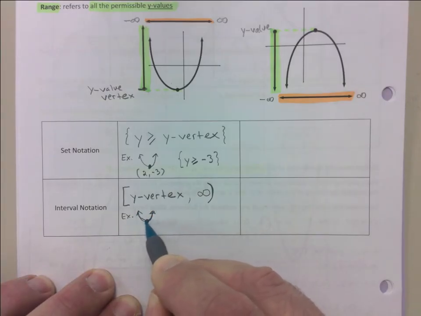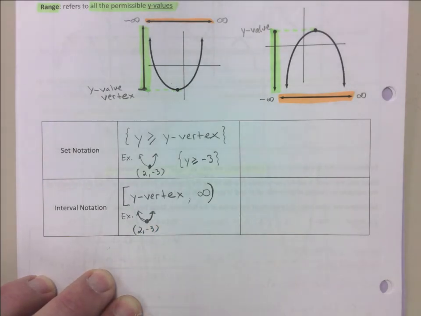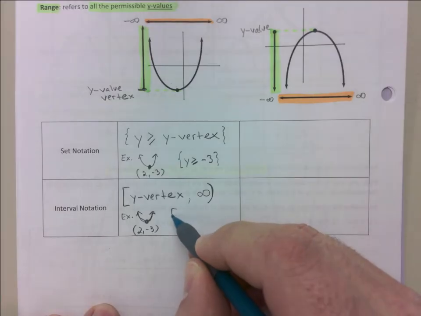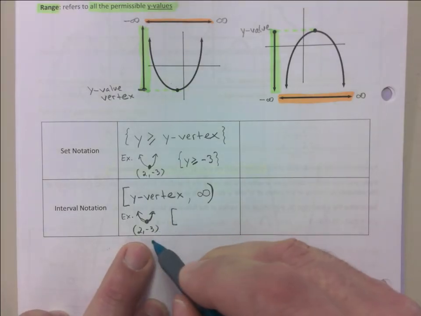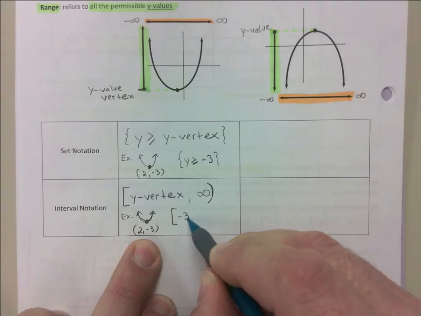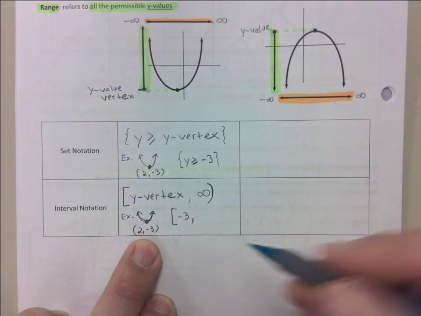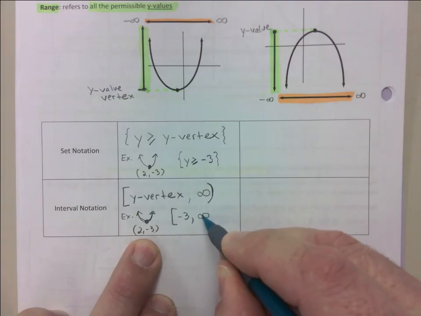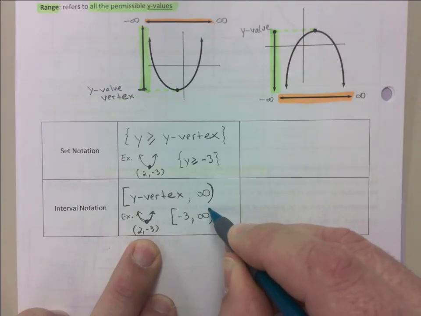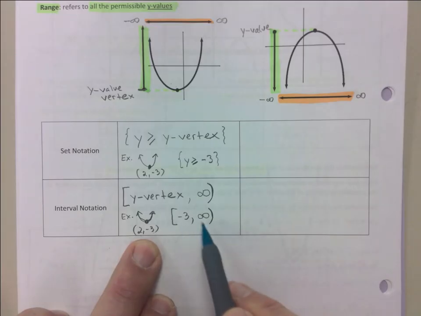If your vertex is 2, -3, let's stick with 2, -3, and you see, oh, okay, this is pointing up, then you will say that the lowest y value is -3, and the highest y value in this case is infinity. So there is no variable in interval notation. You just say start, finish. Okay? Start, finish. That's all you do.